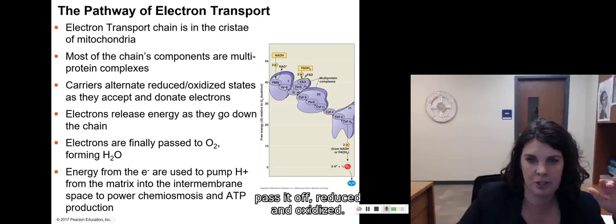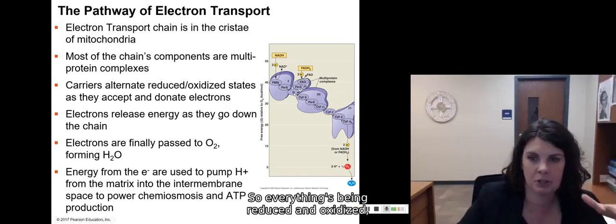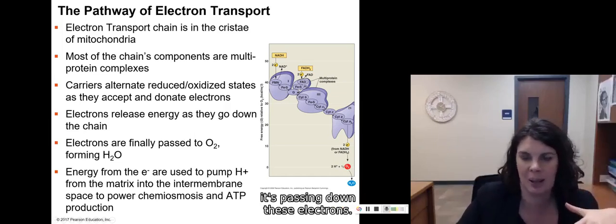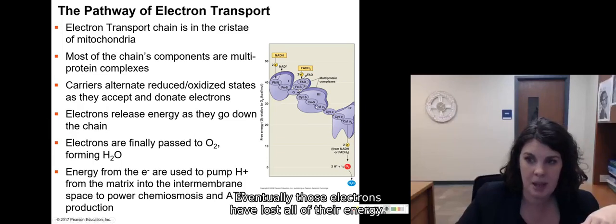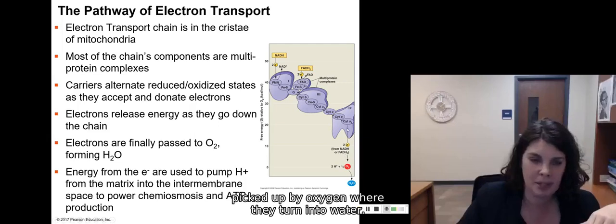Then this is reduced and then oxidizes. It's passed it off. Reduced and then oxidized, okay? So everything's being reduced and oxidized, passing down these electrons. And as the electrons are moving down, they're slowly releasing energy. Eventually those electrons have lost all of their energy. They're released from the electron transport chain, picked up by oxygen where they turn into water.